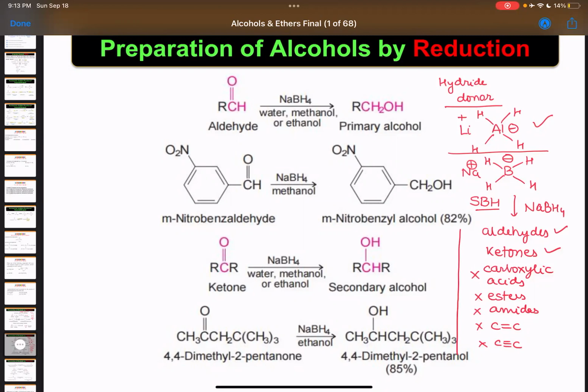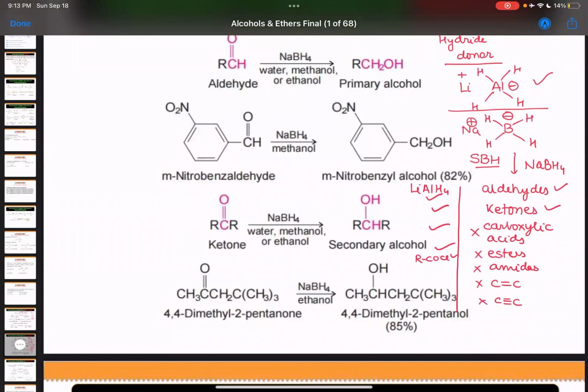On the other hand, LiAlH4 can reduce aldehyde, ketone, carboxylic acid, esters, and acid chlorides. So all are going to give you alcohol, except amides.